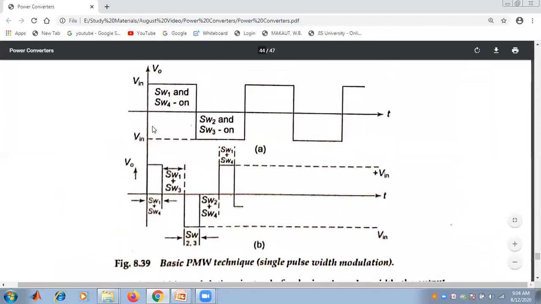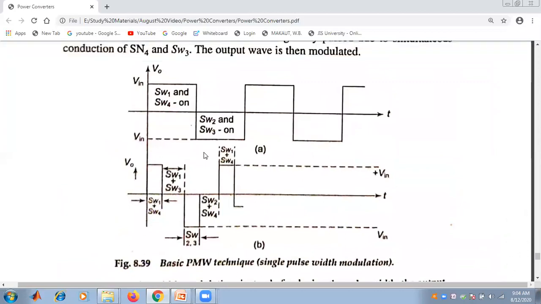If I concentrate on that particular figure to understand the concept of pulse width modulation, switch 1 and switch 4 are turned on first, followed by switch 2 and switch 3.